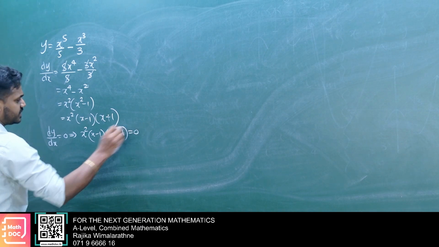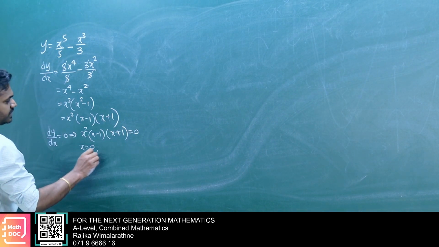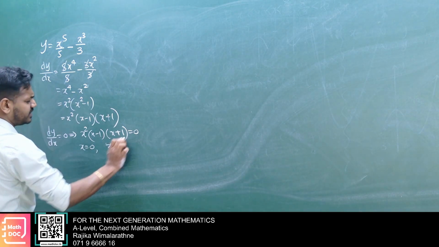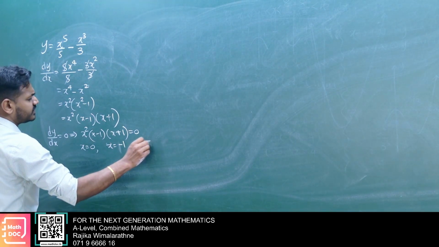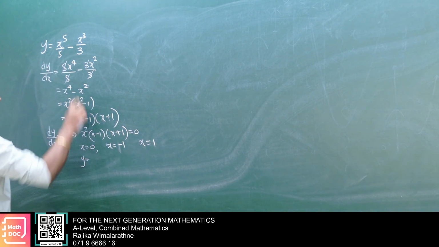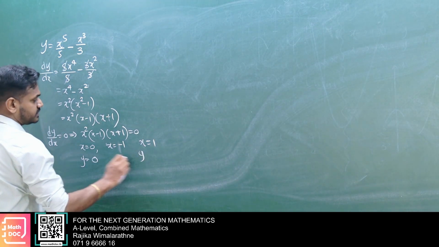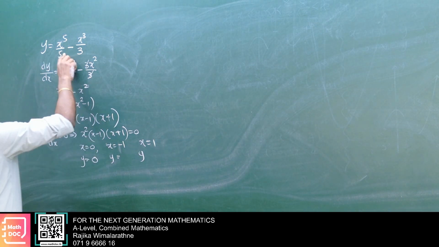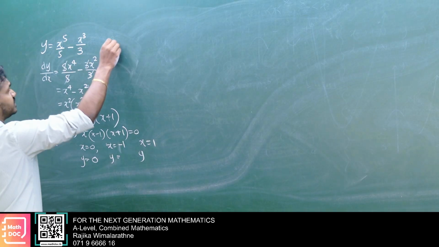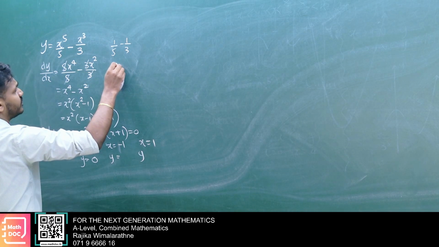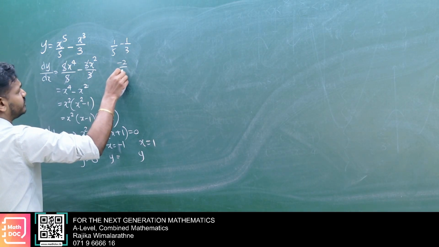So here there are three critical values: x equals 0, x equals -1 and x equals +1. For the corresponding y values, substitute 0, then substitute +1: 1/5 minus 1/3, which is minus 2 over 15.